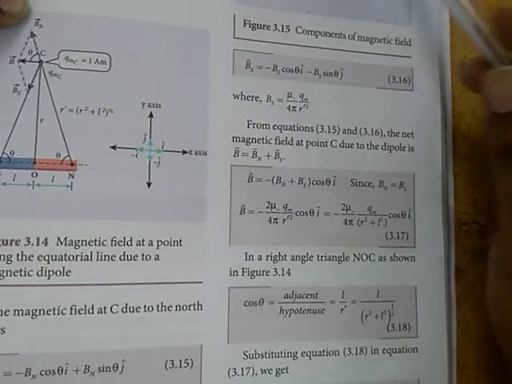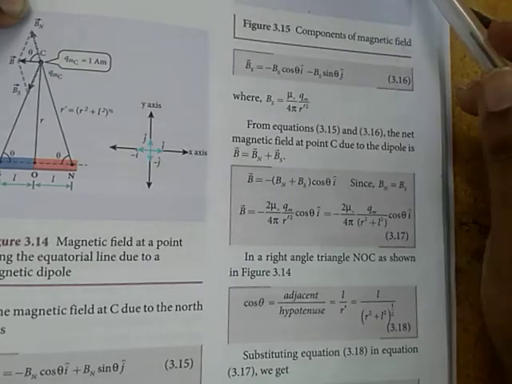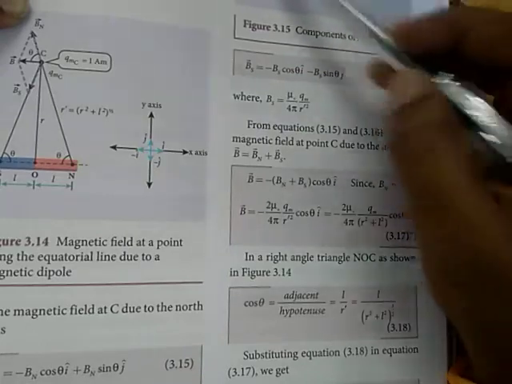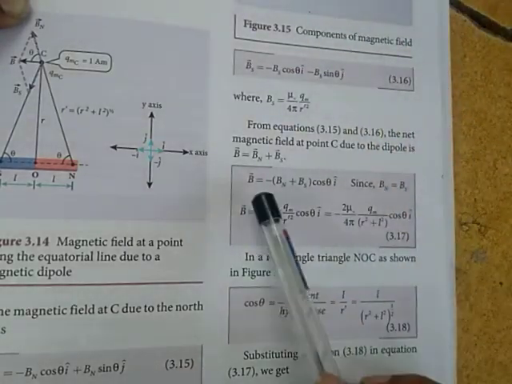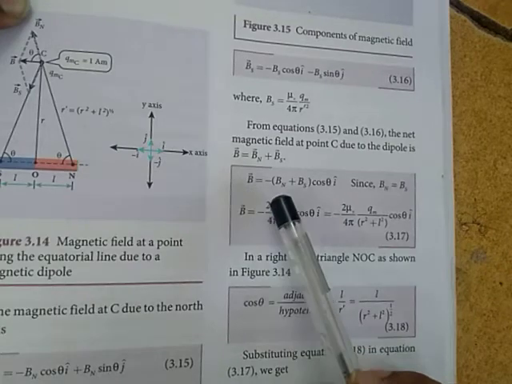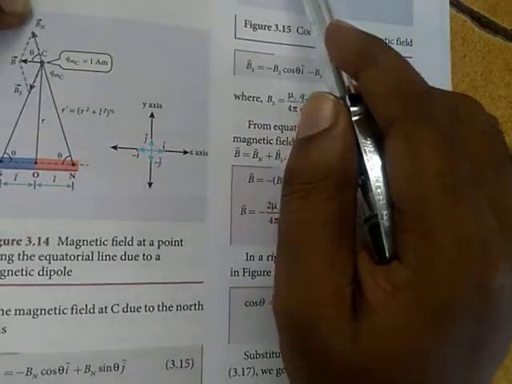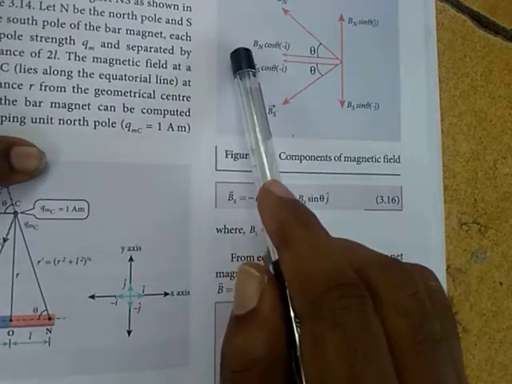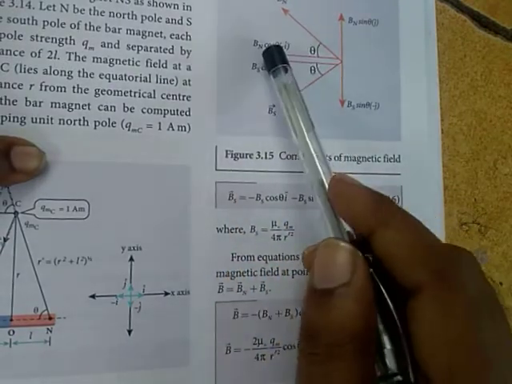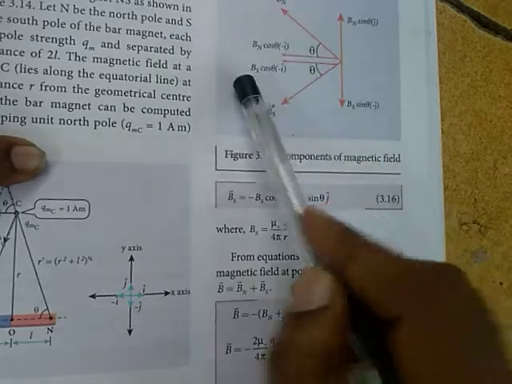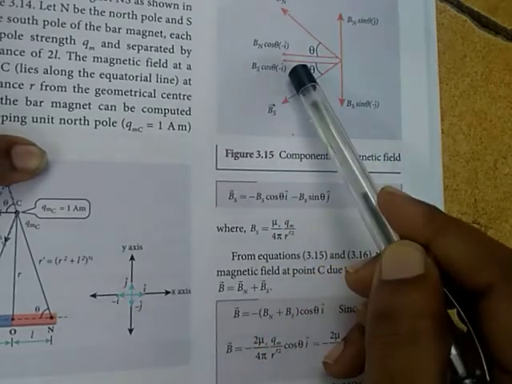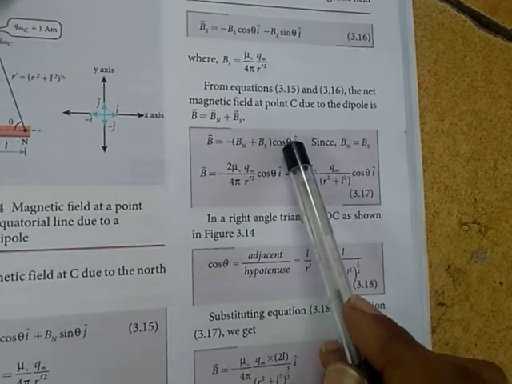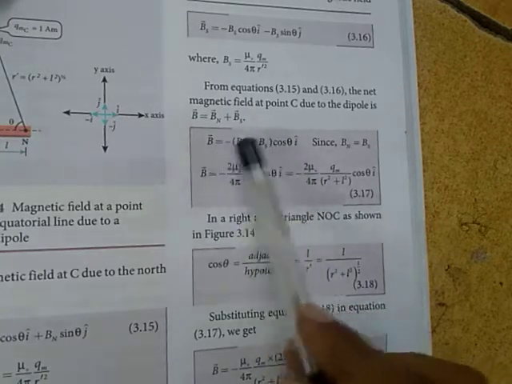These two are equal and opposite, so they cancel each other. So we can consider the horizontal component alone. So we can write B vector is equal to, these two are in negative x-axis, so minus Bn cos theta i cap minus Bs cos theta i cap. Here cos theta is common, we are taking it out of the bracket.